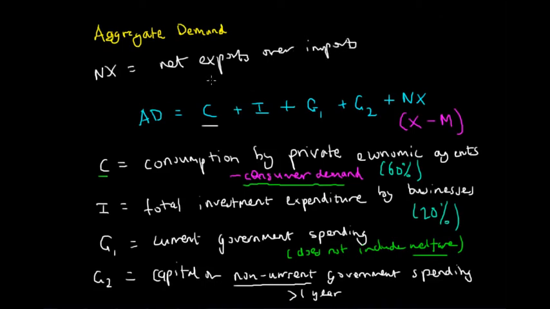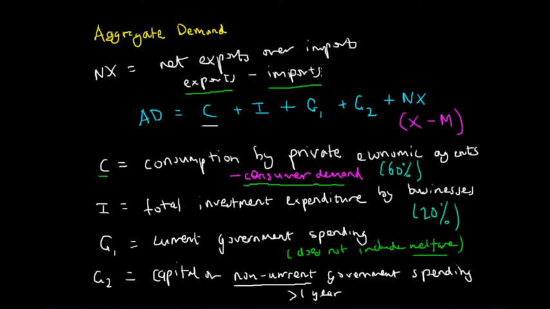So this takes into consideration exports minus imports. What this means is that this includes everything that we purchase from other countries in the form of imports, taken away from everything that we sell to other countries in the form of exports.